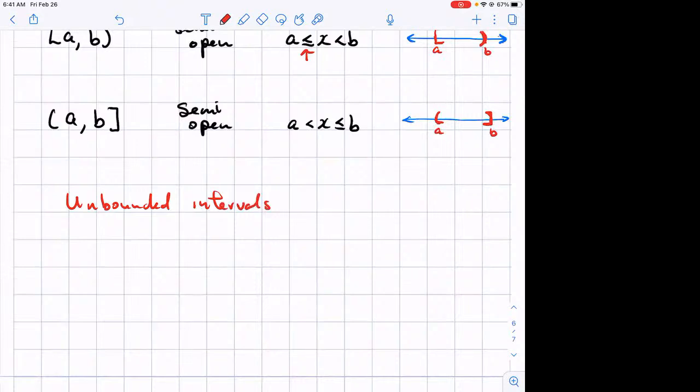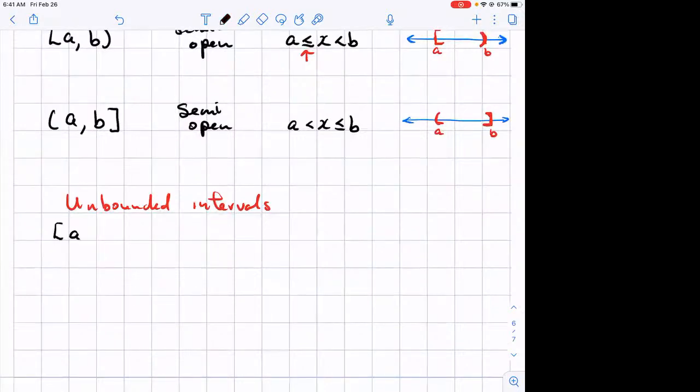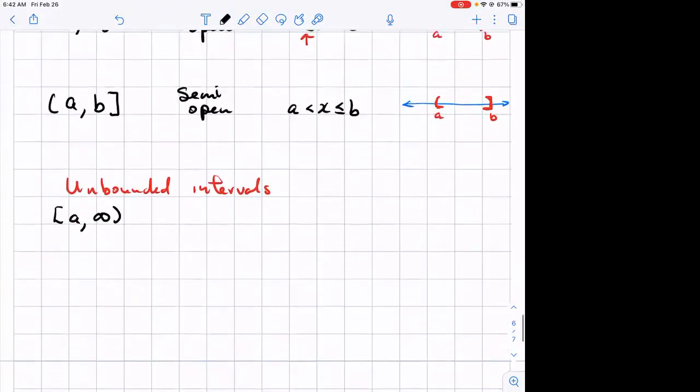For example, if I have [a, infinity), meaning here my inequality will be x is greater than or equal to a. And I said greater than or equal to because here is a bracket.